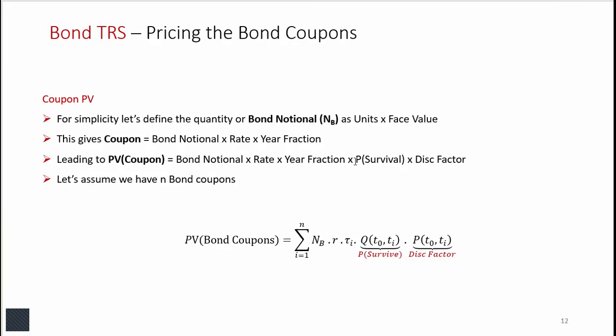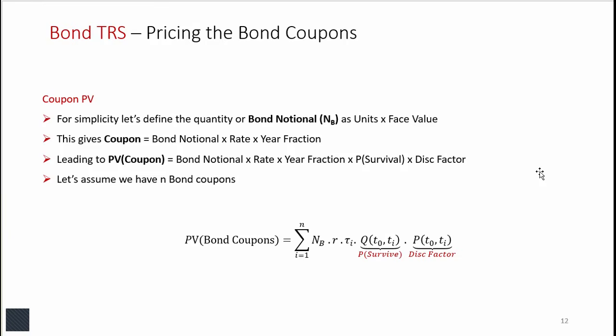And then we multiply by the probability of survival, as in the probability that you're going to receive your coupon, times the discount factor, which gives you the cash flow value in today's terms. You put all that together for every bond coupon.